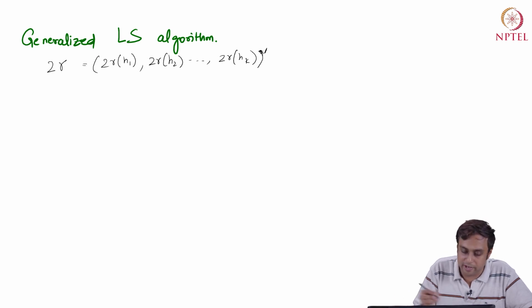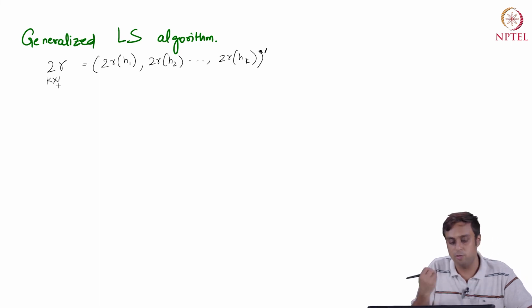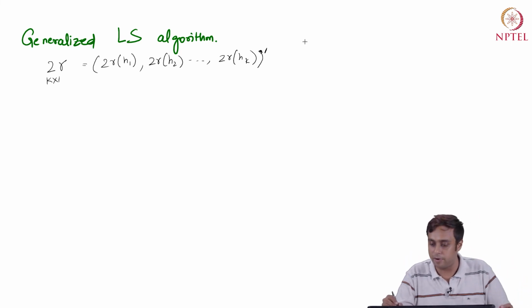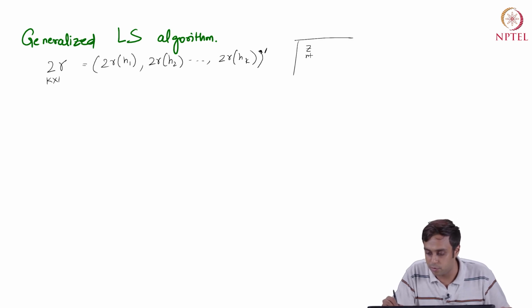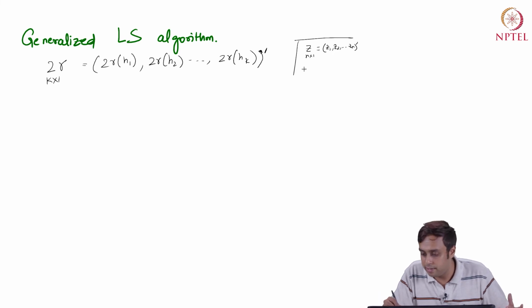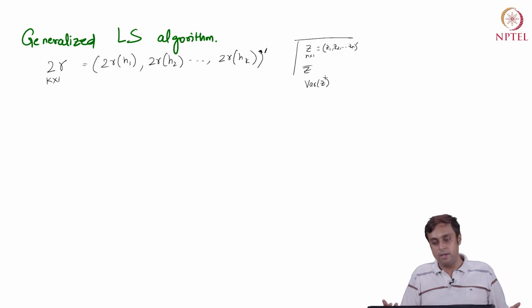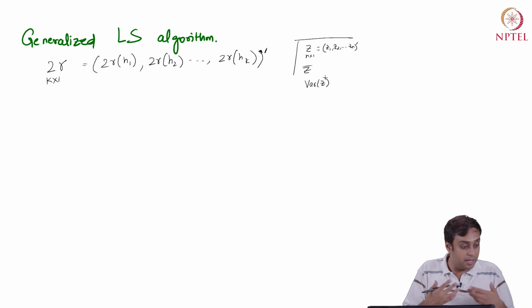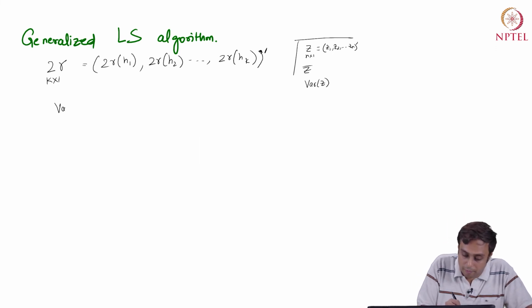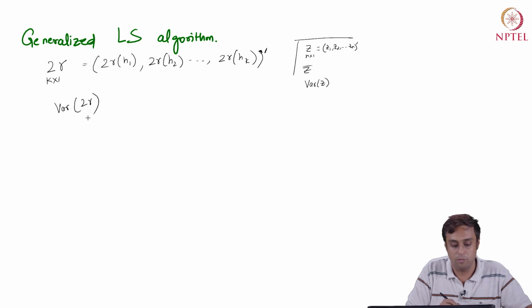So, we really have a vector of, let us say, k by 1 values of 2 gamma, just like, remember, we had this vector for z as well, an n by 1 vector, z1, z2, zn. For this vector of data, we could write a mean value z bar and also a variance of z bar, right. We can simply calculate these things given the data set that we have. Similar to that, there is going to be a variance of this 2 gamma value.